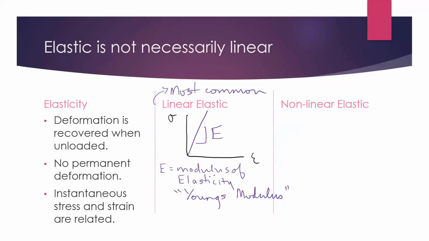However, it is possible to have a material that is non-linear elastic. So that means your material might look like that. Concrete is probably the most common material that we deal with that is non-linear elastic.